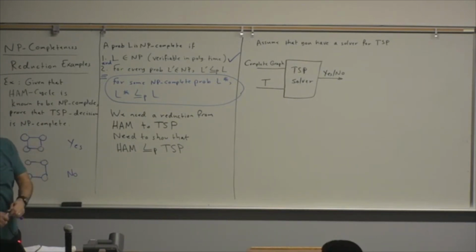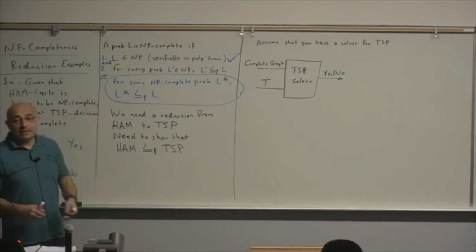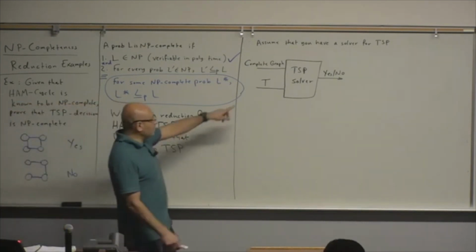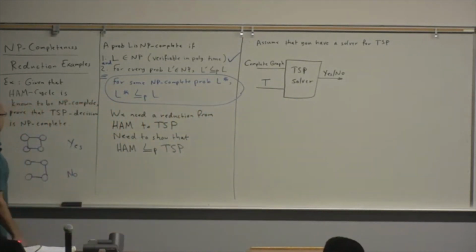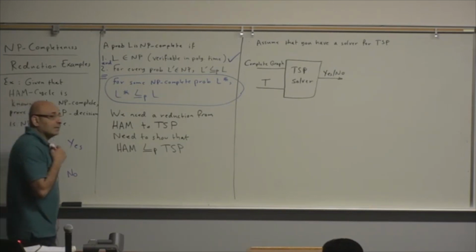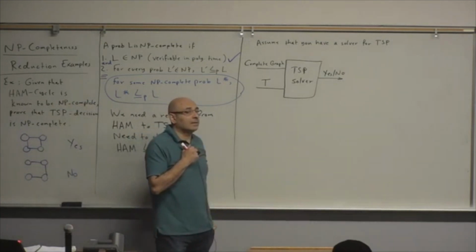So how do I make them complete, and how do I select the target such that the TSP solver solves Ham cycle for me, for any instance of Ham cycle? The edges that exist in that graph should have a weight of 1, and the other edges that are needed to make it a complete graph should be more than 1, and the target should be the number of vertices.